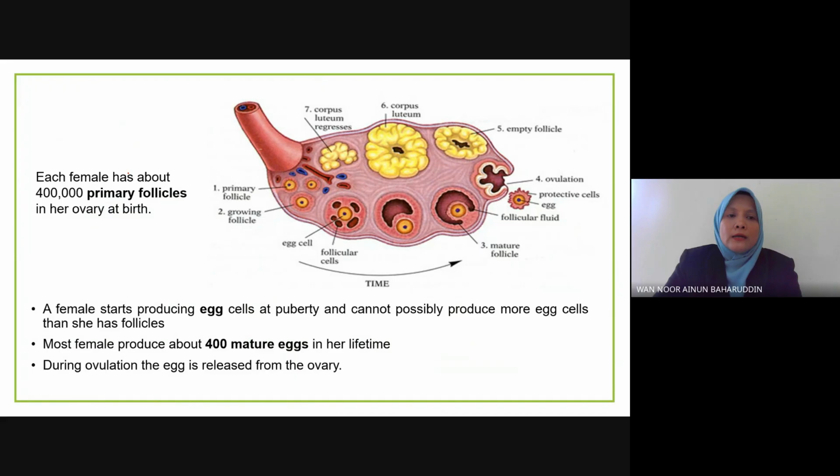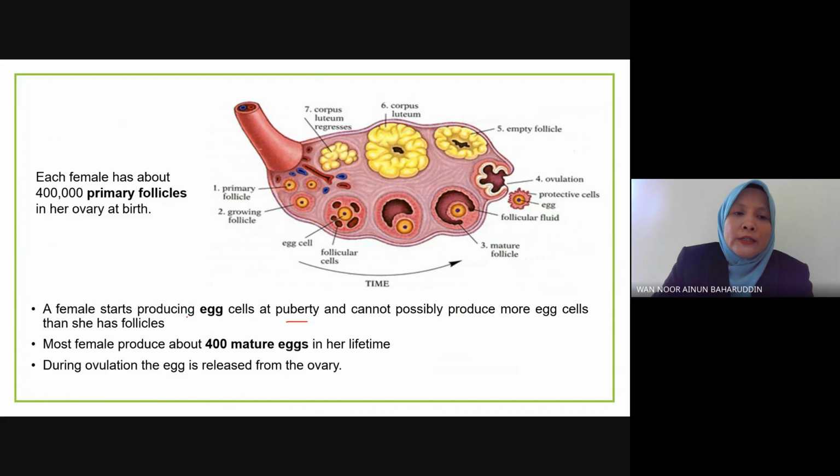Each female has 400,000 primary follicles in her ovary at birth, and a female starts producing eggs at puberty and cannot possibly produce more eggs than she has follicles.